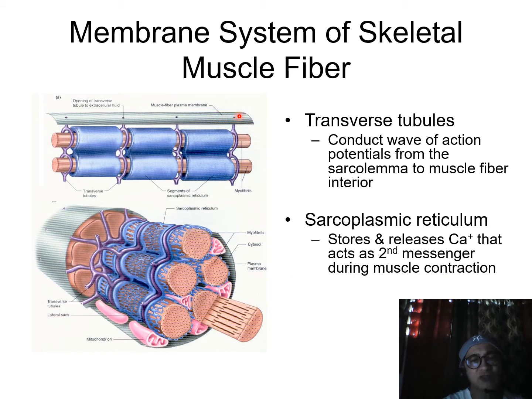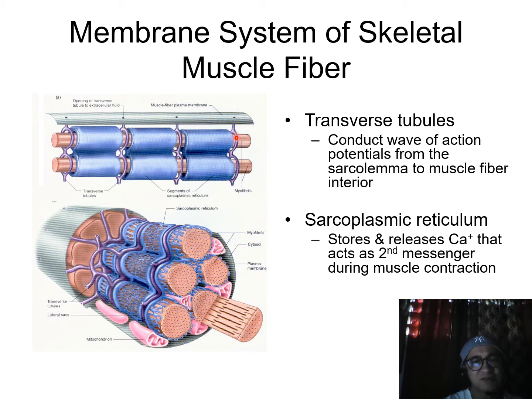When waves of action potential travel along the sarcolemma, or the plasma membrane of the muscle fiber, these waves of action potentials run into the interior of the muscle cell along the transverse tubule membranes.